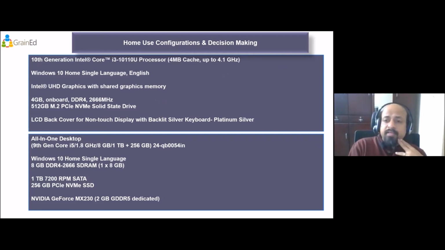So if you ask me which is the best computer to buy for your home purpose, something similar to this. If you do gaming, then you have to specifically ask for a configuration suitable for gaming. If you don't do any gaming, you can use something closer to this. And if you buy one, at least use it for the next 5 years.